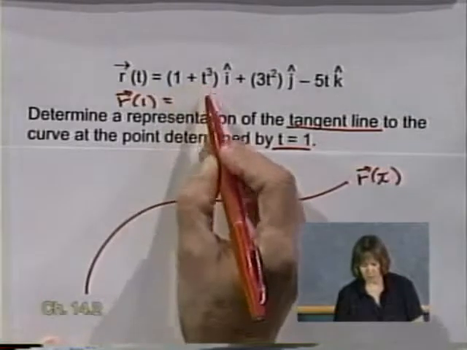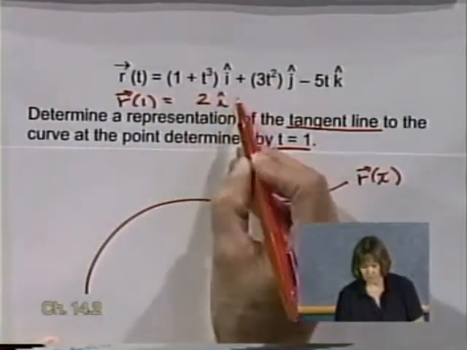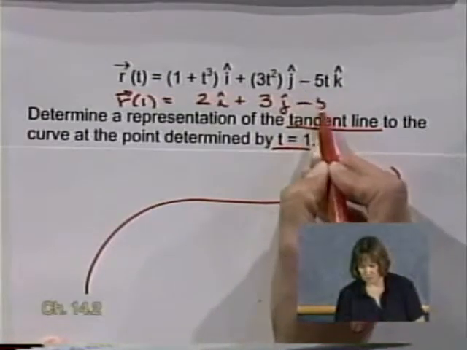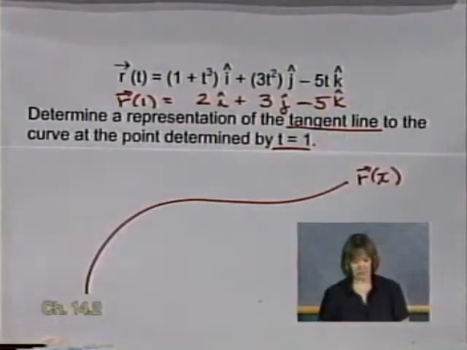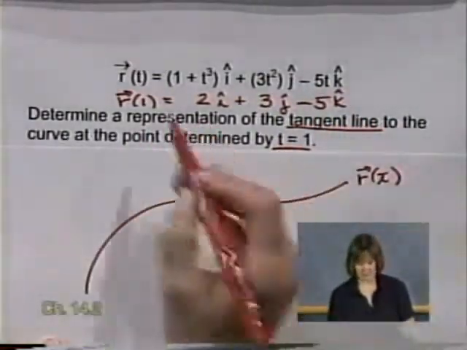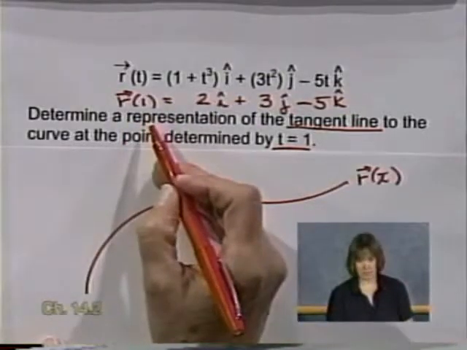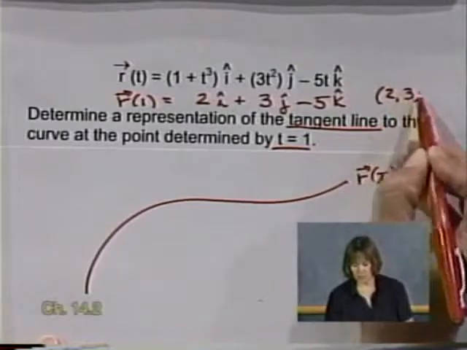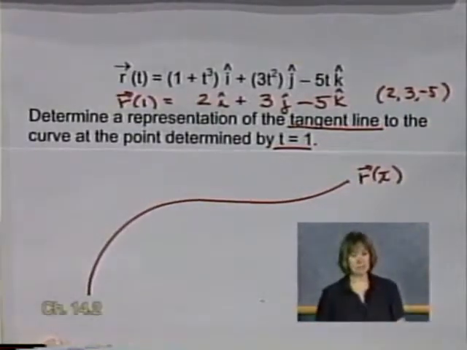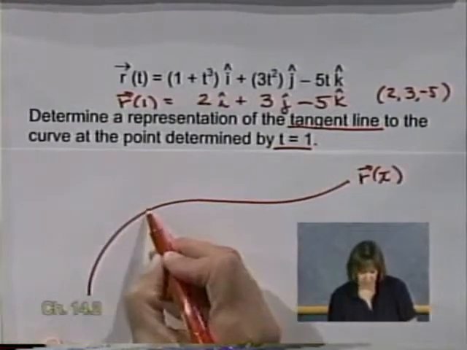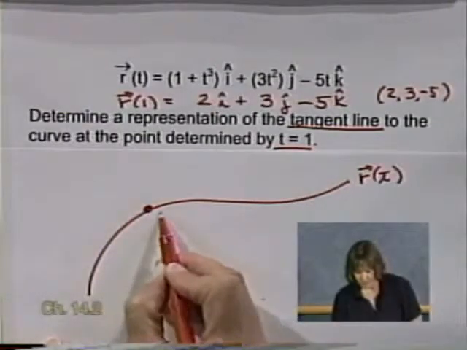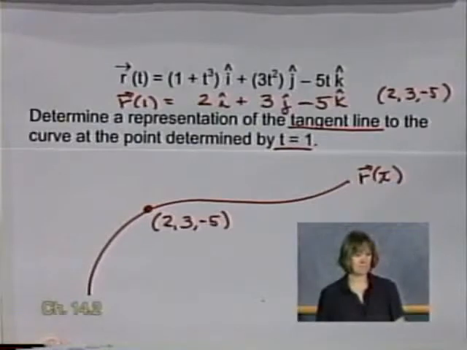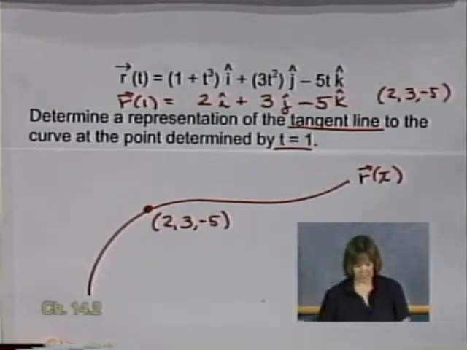Let's see, 1 plus 1 cubed is 2. 3 times 1 squared is 3. And 5 times 1 is 5. Right? So r of 1, the position vector that corresponds to t equals 1, is pointing me to the point that's 2, 3, negative 5. So I have a particular point, 2, 3, and let's pretend just for keepers that that point right there is 2, 3, negative 5. Now I need to get the equation of the tangent line.